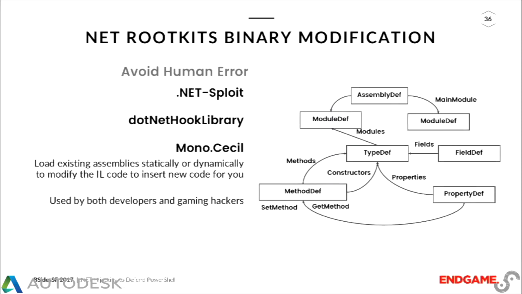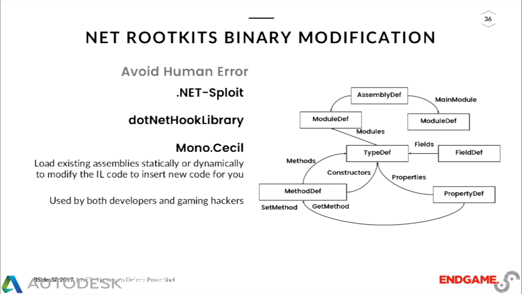All right, so how does binary modification work? There are also a lot of open source tools out there to avoid this human error, because you don't want to mess up how your stuff gets on the stack, how your hook works, and what you start loading into memory.